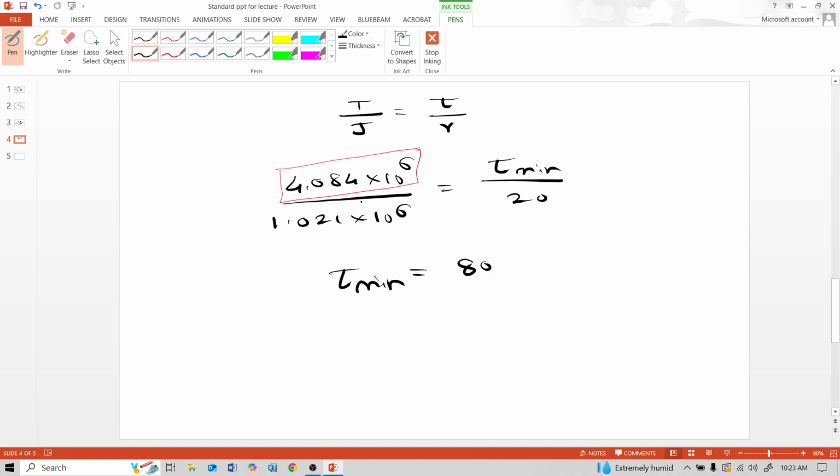The unit: T is in Newton mm, J is in mm raised to 4 and r is in mm, so the unit of tau minimum is Newton per mm square, or MPa.